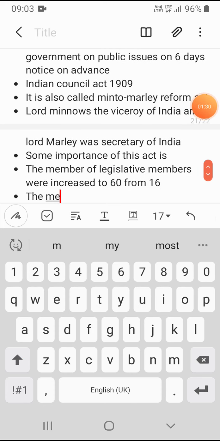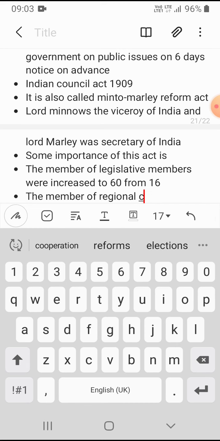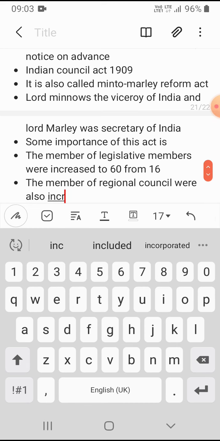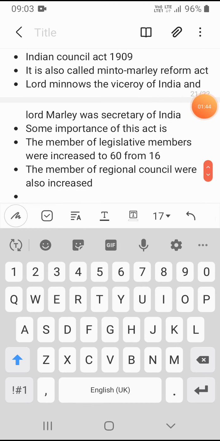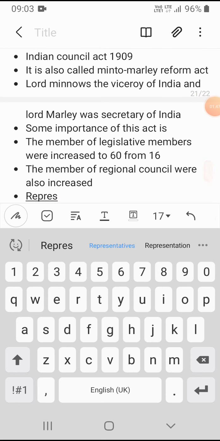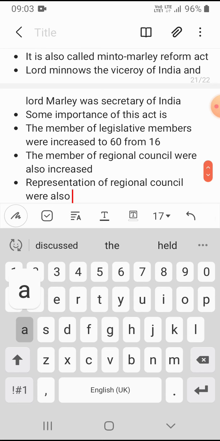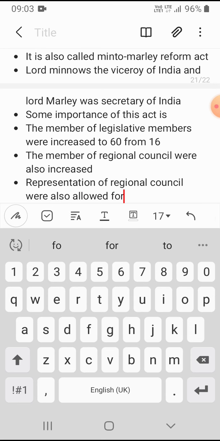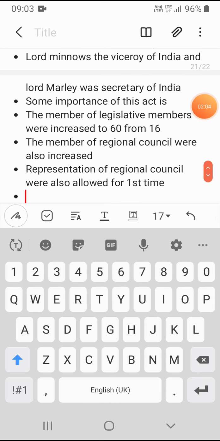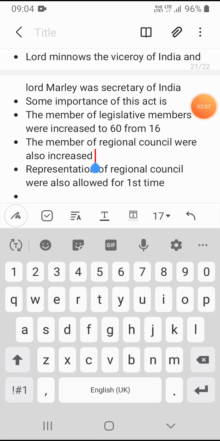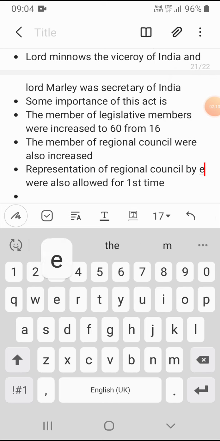The members of the regional councils were also increased, and representation of the regional councils by election was allowed for the first time.